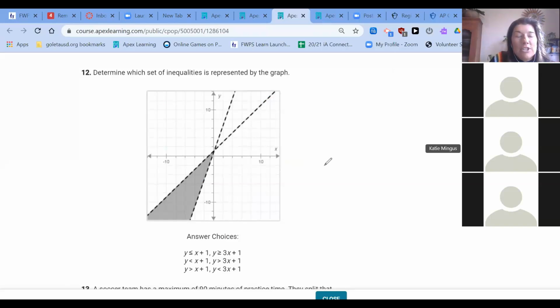All right, number 12, determine which set of inequalities is represented by the graph. So we have choice A, choice B, or choice C. Malachi instantly is going in for that point right there. Malachi, could you tell us why you zeroed in on that point on the graph?